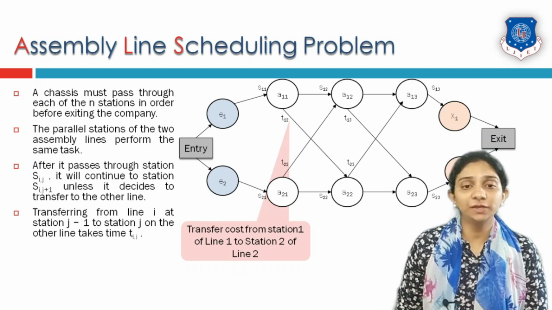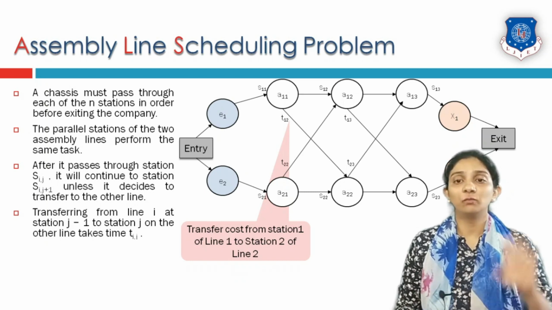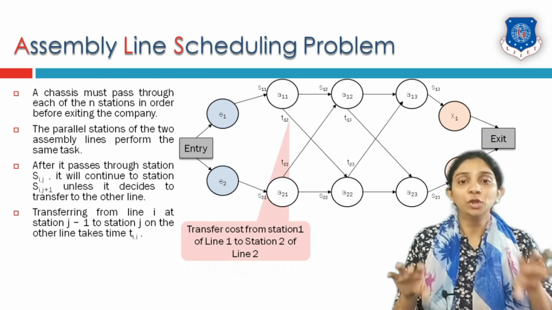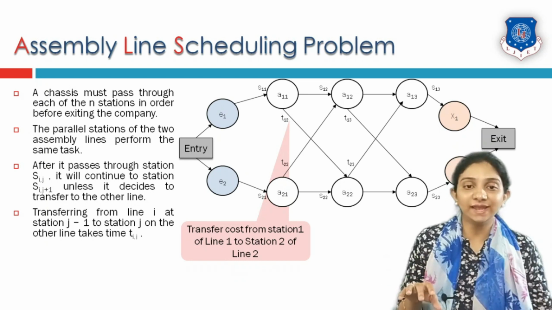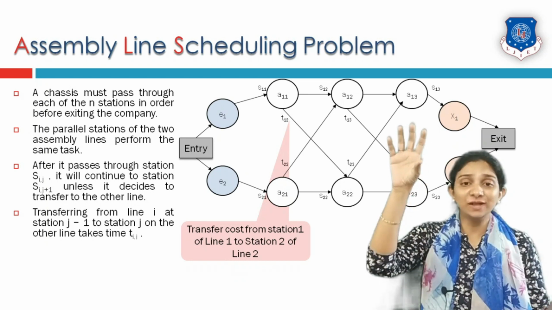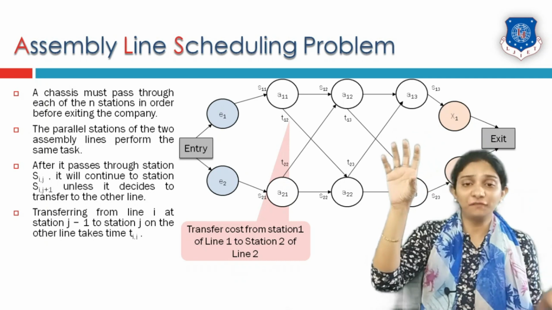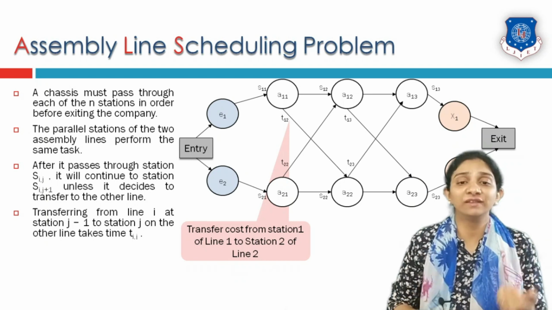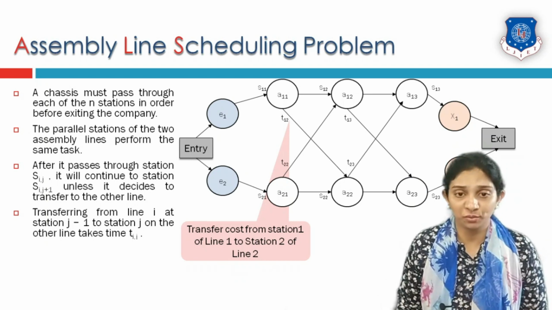The conclusion is simple. If a car is transferred from one station to another in the same line, no cost is incurred. But if a car is moved from a station to a station of the other line, a transfer cost is incurred.